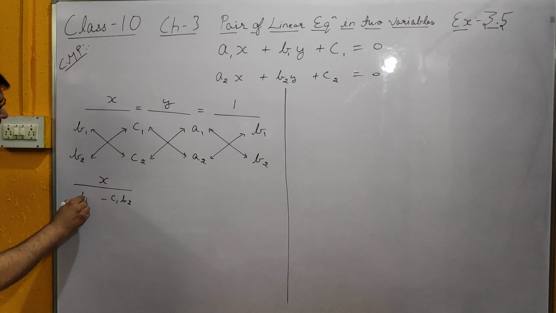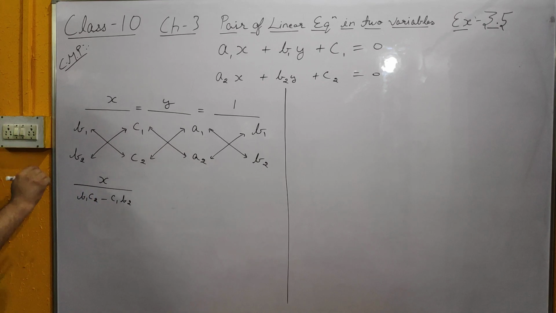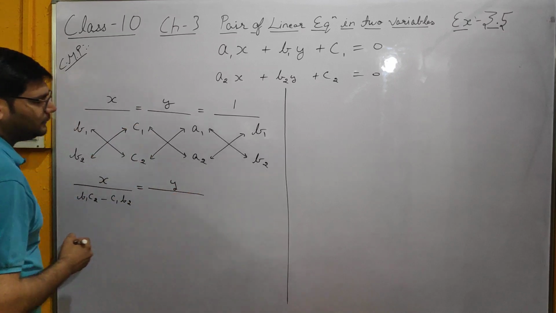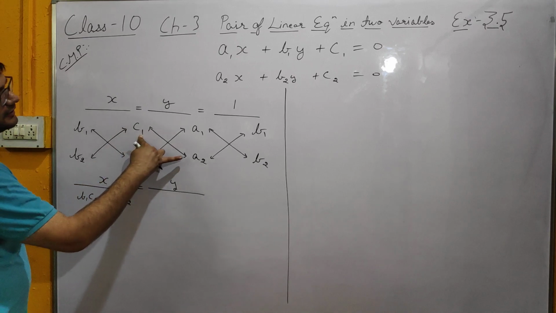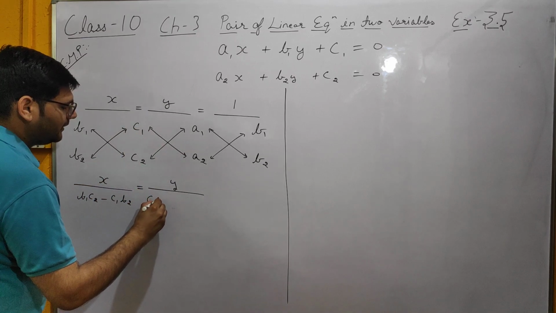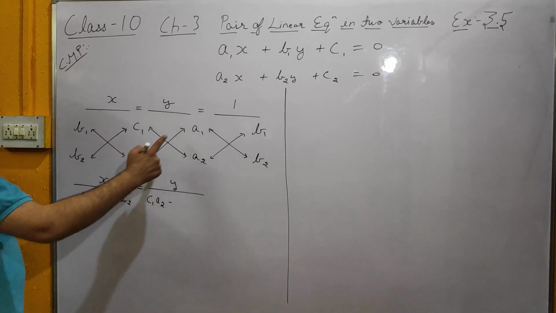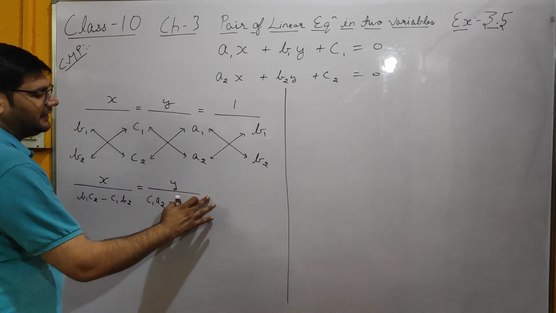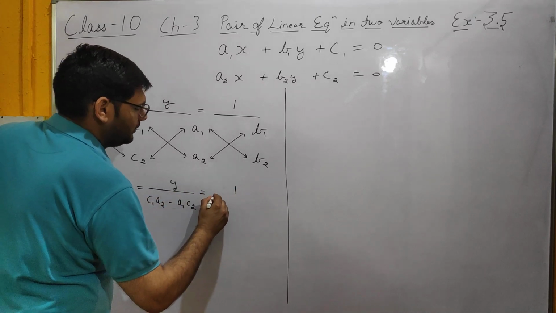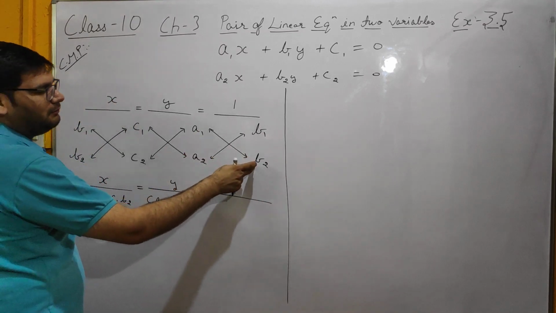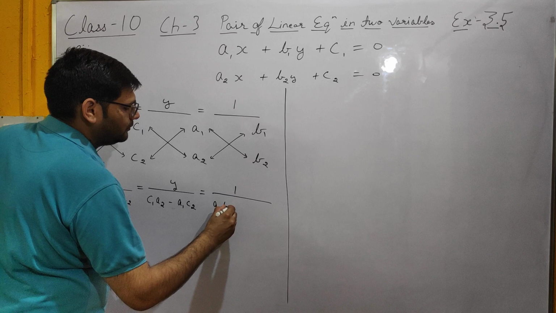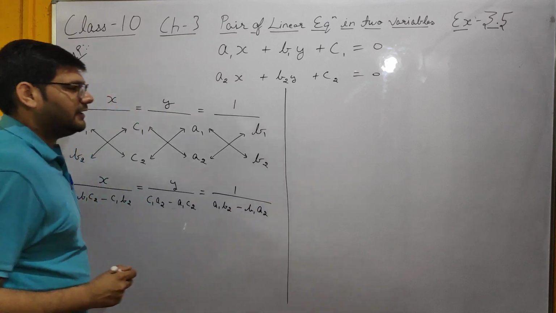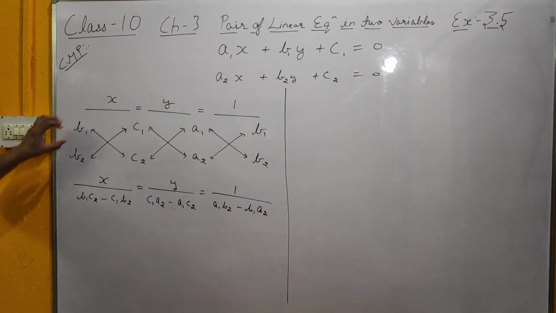It was b1 c2 minus c1 b2. Now equal to sign, y, and in the denominator c1 a2 minus a1 c2, then equal to 1 upon a1 into b2 minus b1 a2. Alright. So this is the first step, this is the second step.